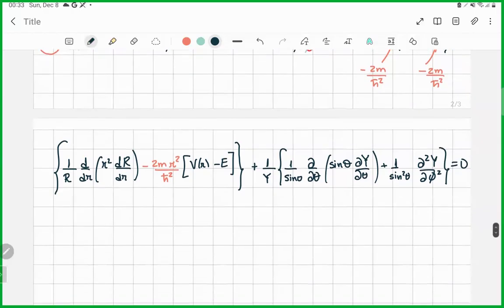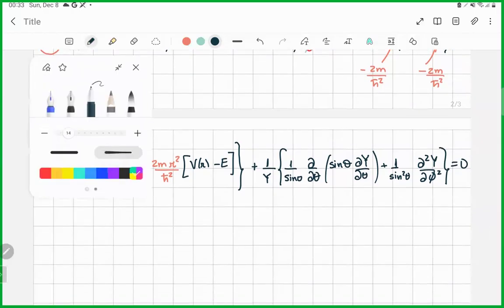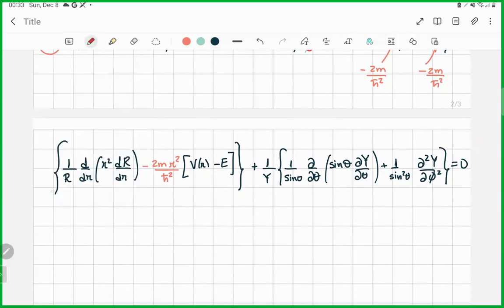All right, so this whole part here only depends on r, not on angle. This whole part here only depends on angle. So how can a function that depends on r plus a function that depends on angles give us 0? The only way is that we have a constant here.